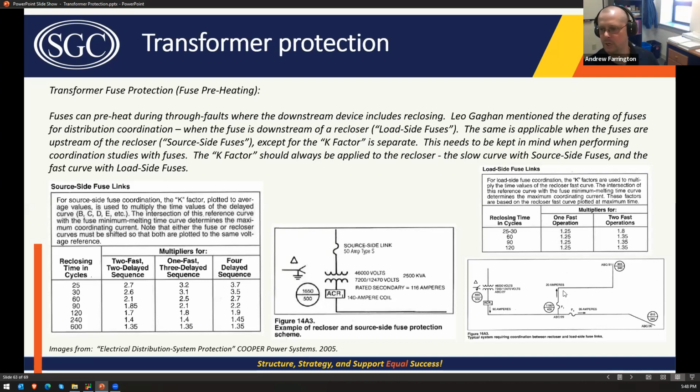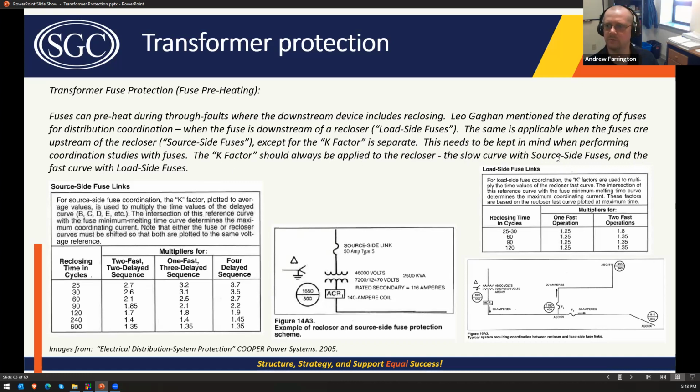So as Leo talked about, if you have fuses on this distribution circuit, every time this recloser recloses for a fault over here, this fuse is heating up, okay? And you want to make sure that the fuse always operates. How does that work? This one, I'm trying to remember. You apply the source side K factor. I just want to make sure I don't get this backwards.